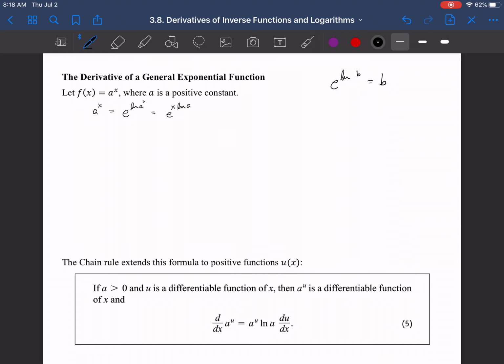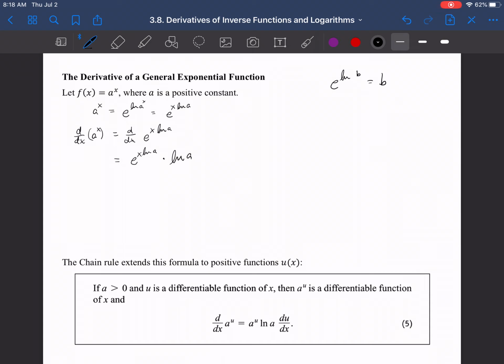And now, if we do the derivative of a to the x, we're doing the derivative of e to the x ln a, and we're just going to chain rule this, right? This gets chain ruled into e to the x ln a times the derivative up there. So we did the outer derivative, now we have to do the derivative of that little part up in there. And so the derivative of x times ln of a is just ln of a, right?